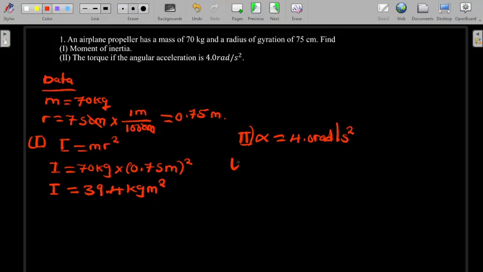So torque is equal to the moment of inertia times the angular acceleration. You're just multiplying the moment of inertia by the angular acceleration.